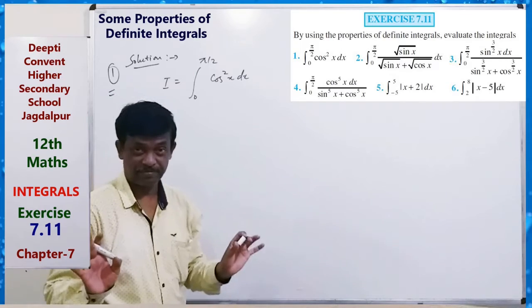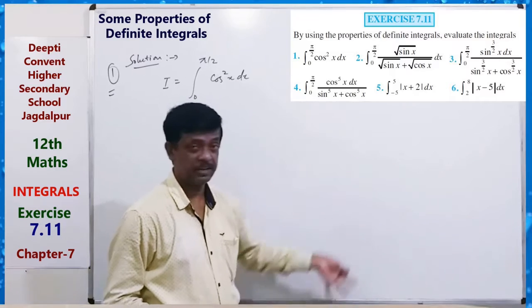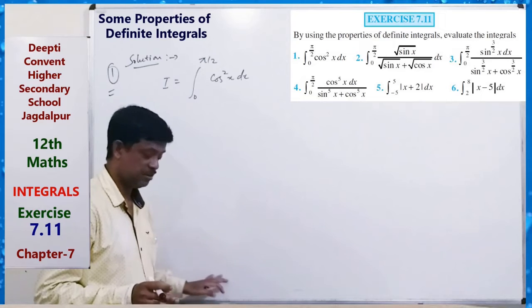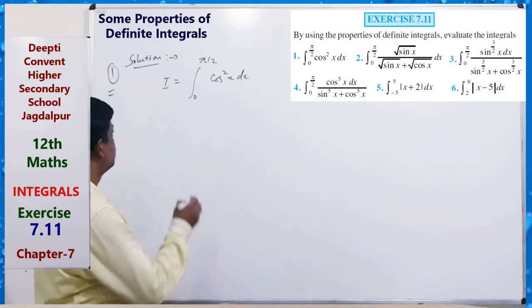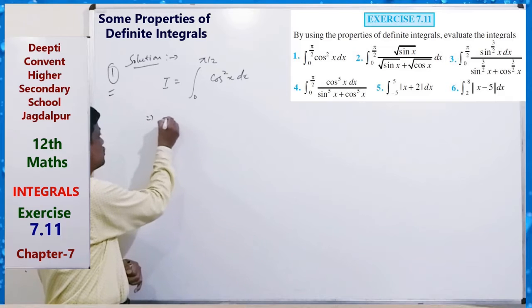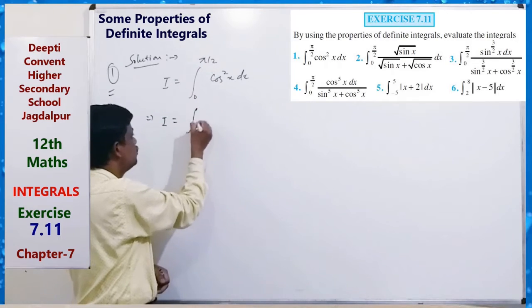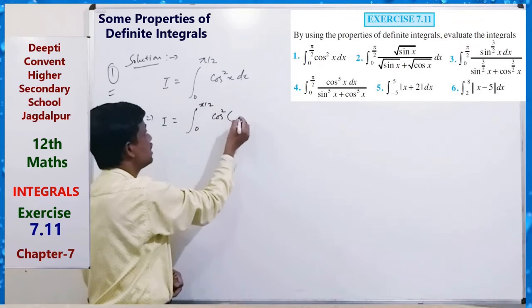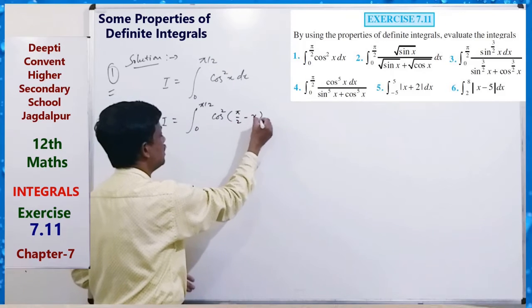But here we use the properties of definite integrals, mostly the 0 to a formula. So I equals the integral from 0 to pi by 2 of cos square of (a minus x), that is pi by 2 minus x, dx.